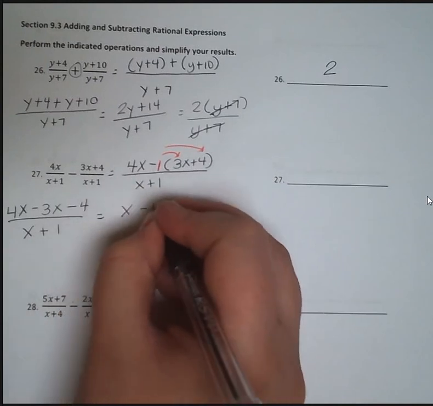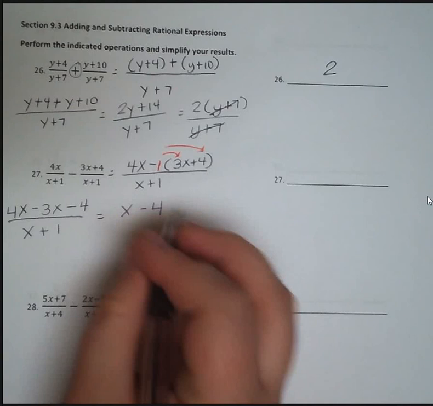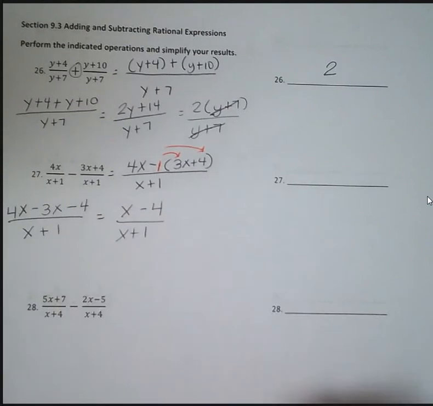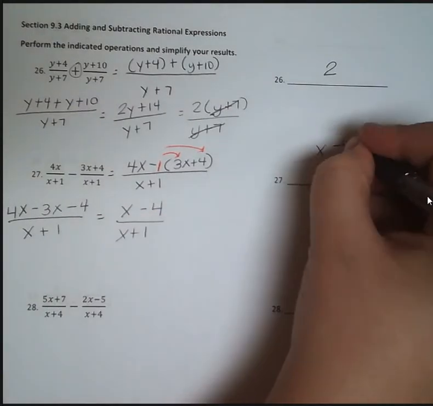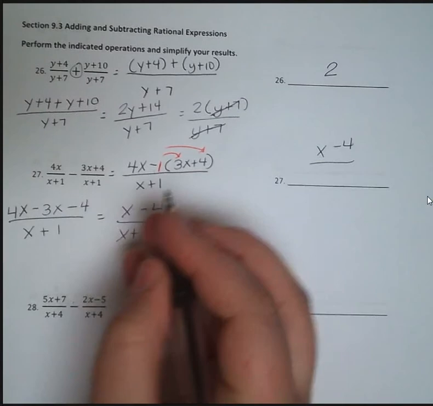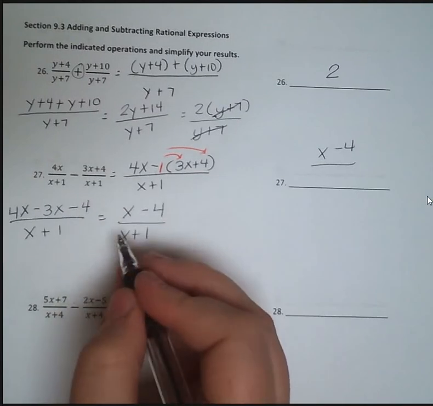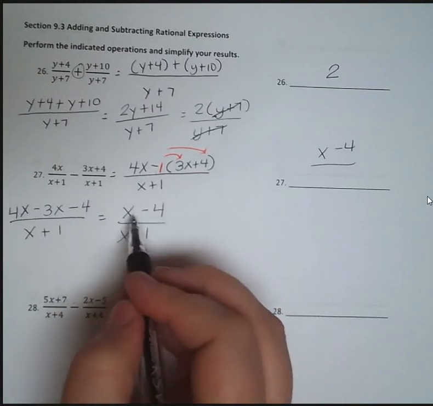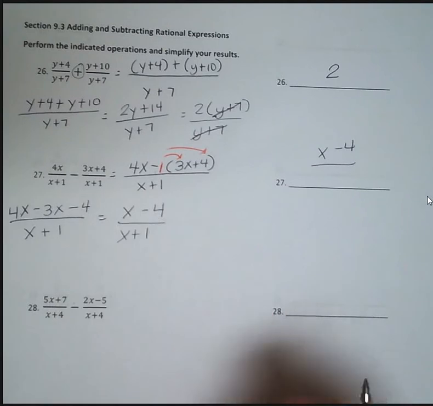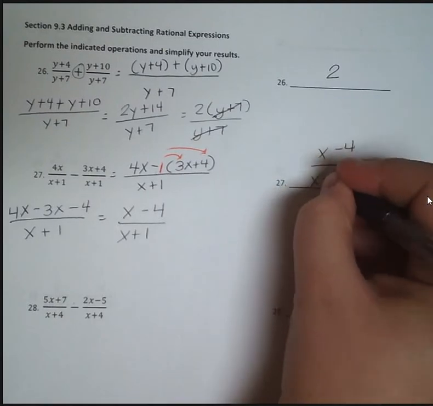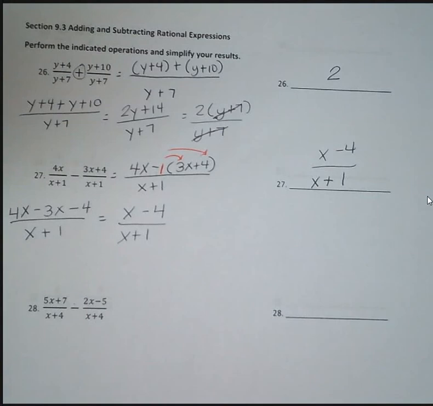Bring over your minus 4 over x plus 1. Nothing can simplify. Please do not say these x's simplify, because they are being added or subtracted to another term. That's why you cannot simplify those x's. You can only simplify them if they are being multiplied.